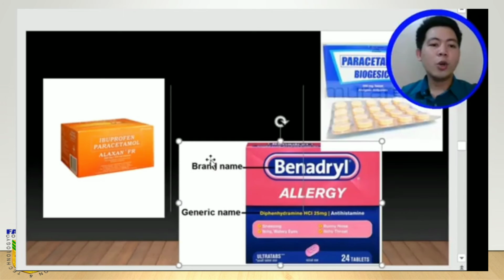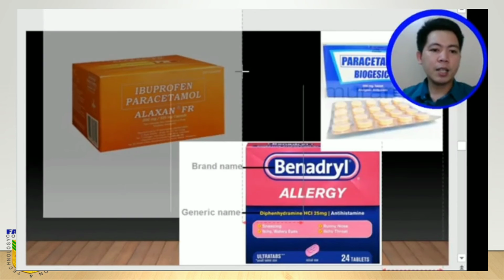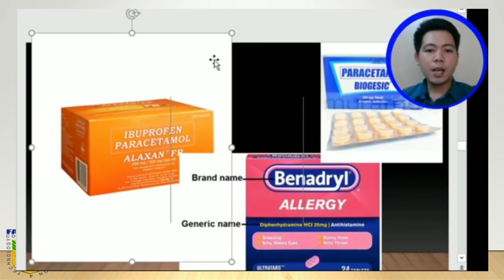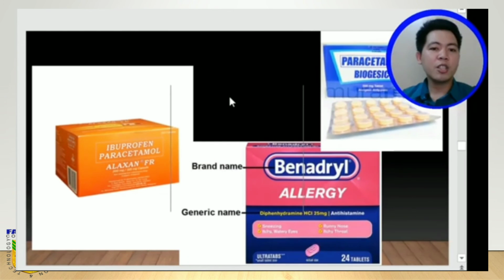Ang phenylephrine, yun yung generic name niya. Pero kilala natin sa tawag na Neozep, Decolgen, so yan ay mga brand name. Pero phenylephrine, yun yung generic name niya. Okay, dito class, syempre, Alaxan. Ang Alaxan ay brand name, pero ang kanyang generic name ay ibuprofen paracetamol.